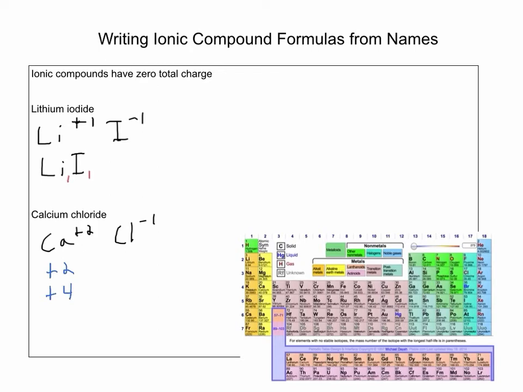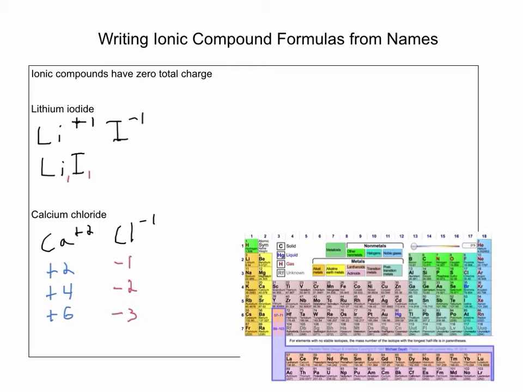And if I had 3 calcium ions in my compound, I would have a charge of +6. And we're going to do the same thing with the chloride ion. If I have 1 chloride ion, I have a total charge of -1. If I have 2 chloride ions, I have a total charge of -2. And if I have 3 chloride ions, I have a total charge of -3. These are just multiples of my original charge.